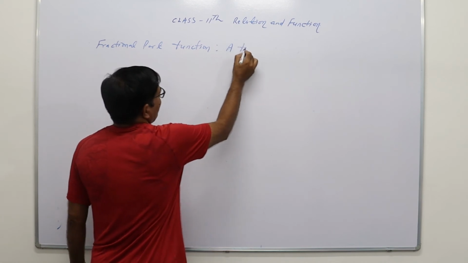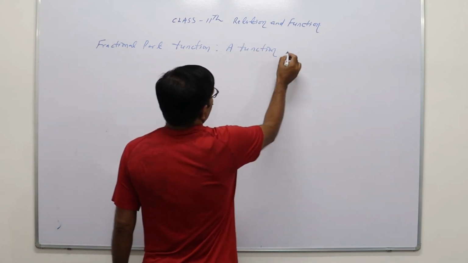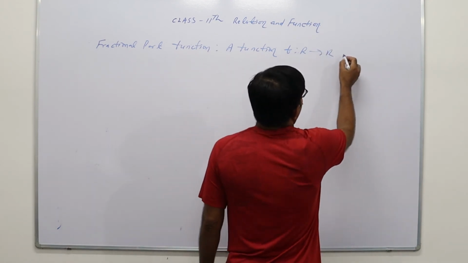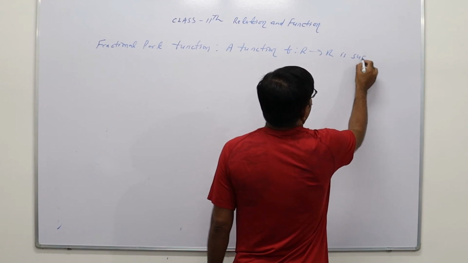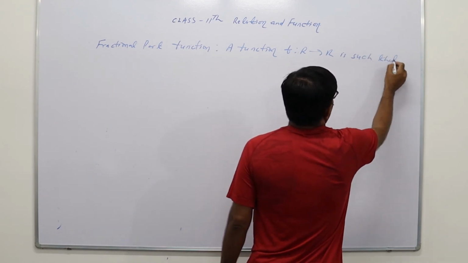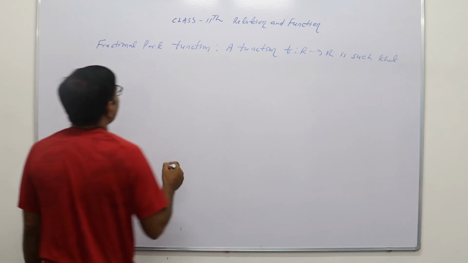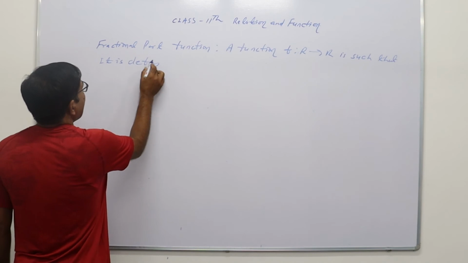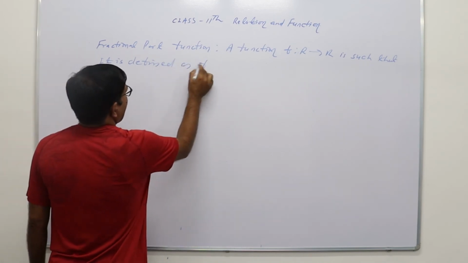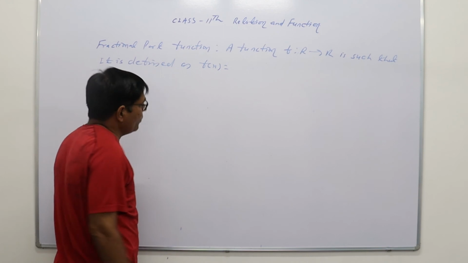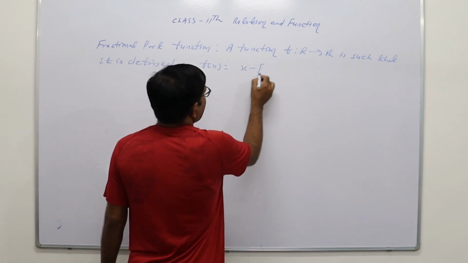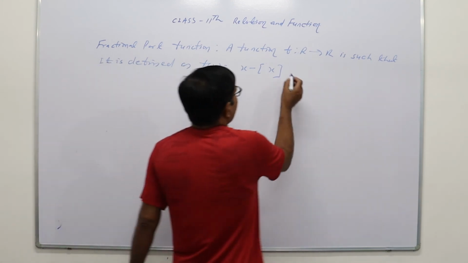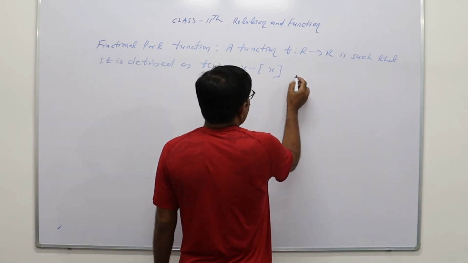A function f from R to R is defined as f of x is equal to x minus greatest integer of x.